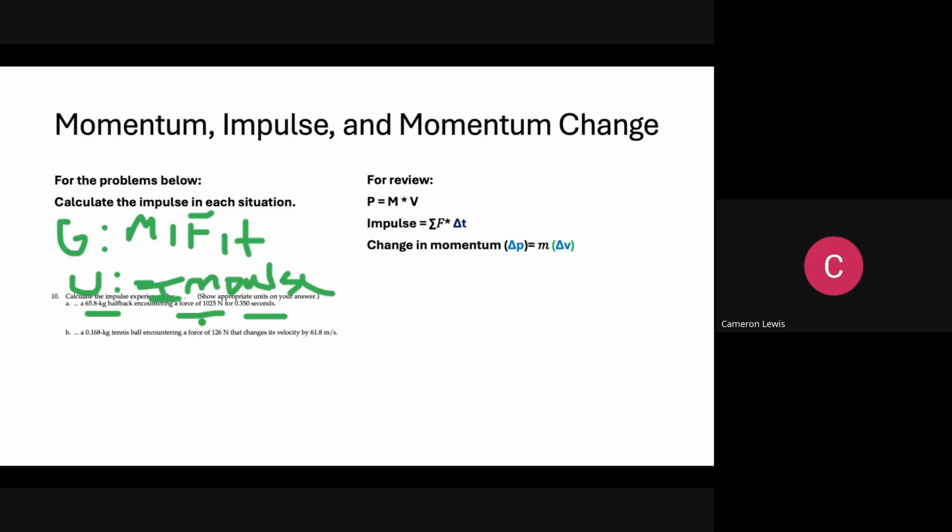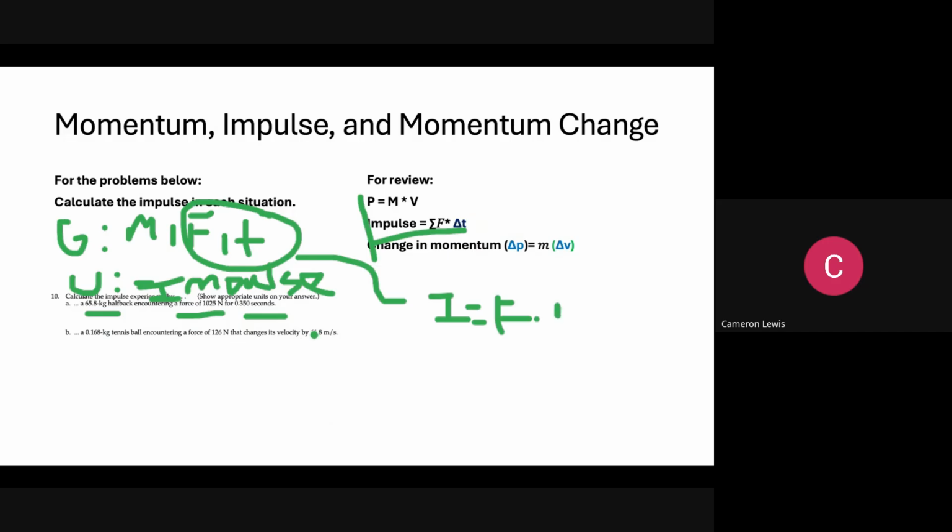What do we need to calculate the impulse? Out of these equations, force and time. We have force and time here. So if I just pull those out, impulse is equal to the sum of the forces times time.